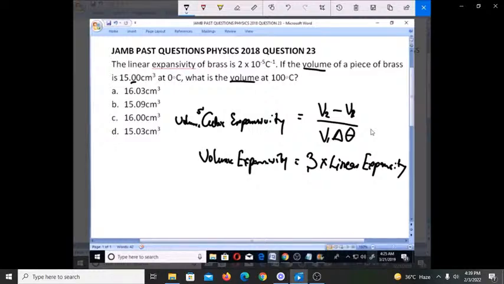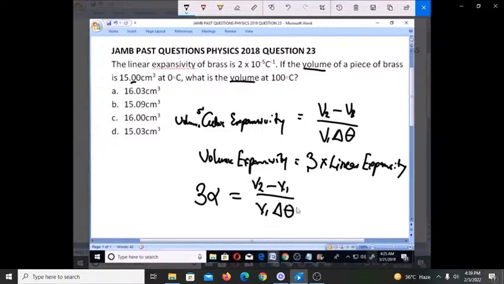So once you multiply the linear expansivity by 3, you should be able to get the volume expansivity. So we are given the linear expansivity, so we say 3 times the linear expansivity gives us the volume expansivity, and it's equal to the final volume minus the initial volume, all over the initial volume times change in temperature.